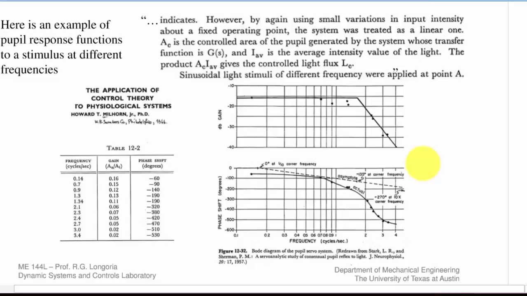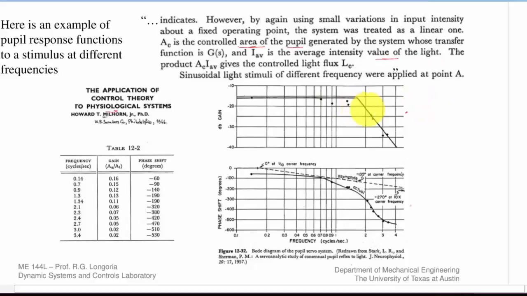Finally, just to show you that there's a lot of different ways to get frequency responses, here is an example I pulled out of a book on physiological systems, and it's showing both magnitude and phase functions for, as I understand it, a pupil response to different types of light intensity. So the output is motion of the pupil, or actually the area of the pupil, as incident light is on it.